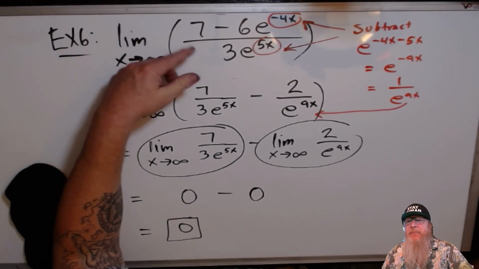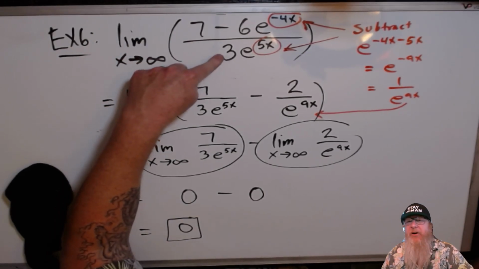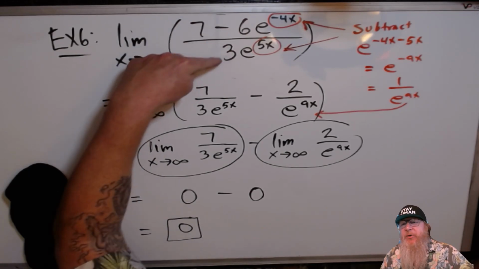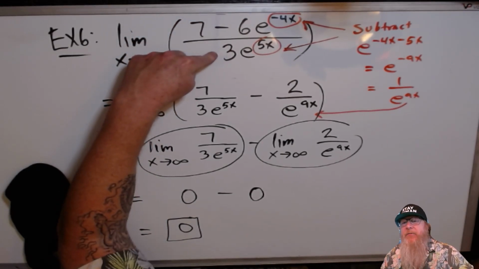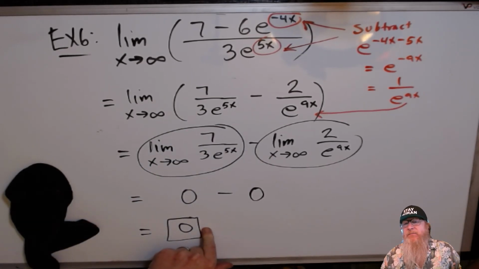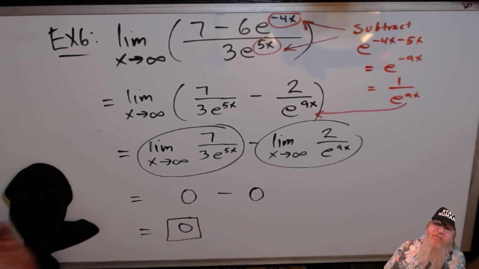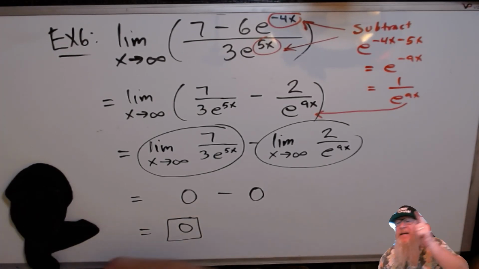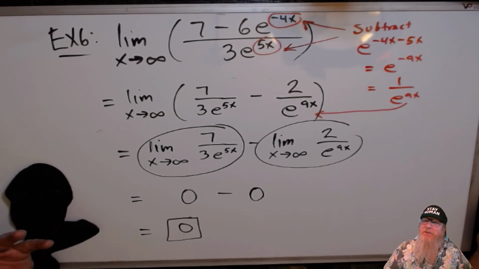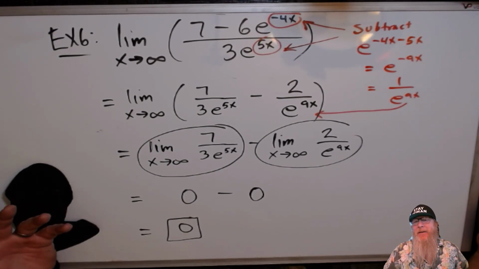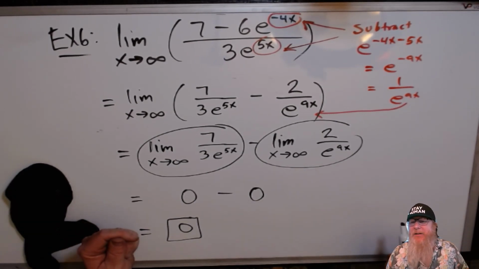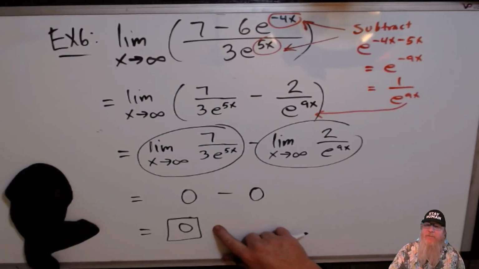Here are sort of the possibilities for this. It's either going to be 7/3, or it's going to be -2. Yeah, -6 divided by 3, -2. Don't forget that negative. Or it's going to be 0, or it's going to be infinity, or it could be -infinity. So there's a lot of different multiple choices here. And I'm always surprised. When I write one of these down, sometimes I go, oh, yeah, that's definitely going to be 7/3. And then, oh, no, it came out to be 0.